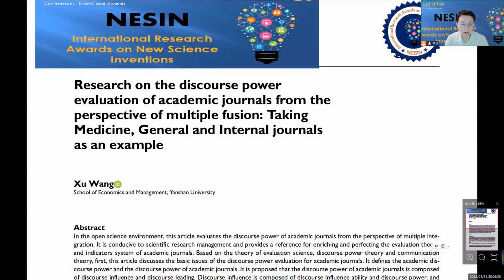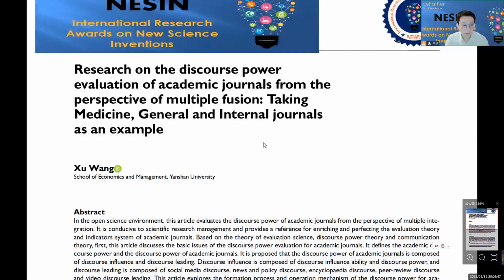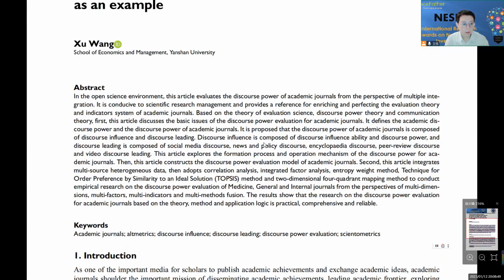Evaluation of academic journals from the perspective of multi-fusion, taking medicine journals and internal journals as an example. As we all know, in the open science environment, this article evaluates the discourse power of academic journals from the perspective of multi-integration.